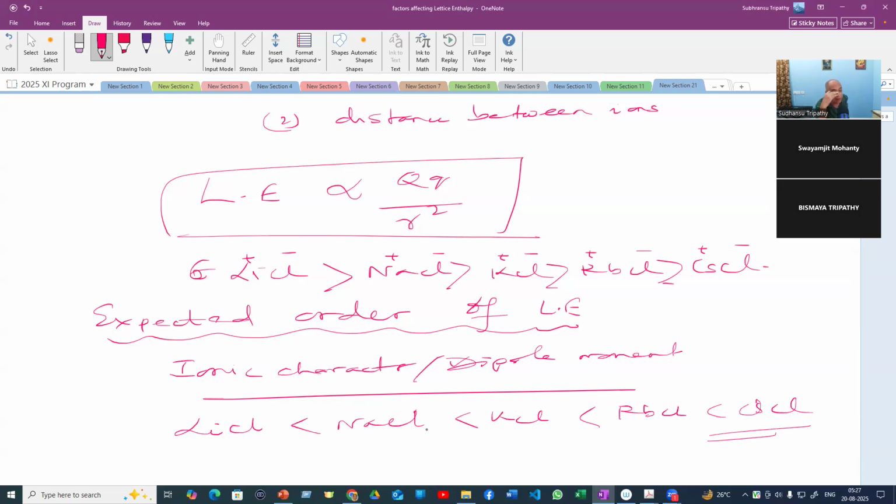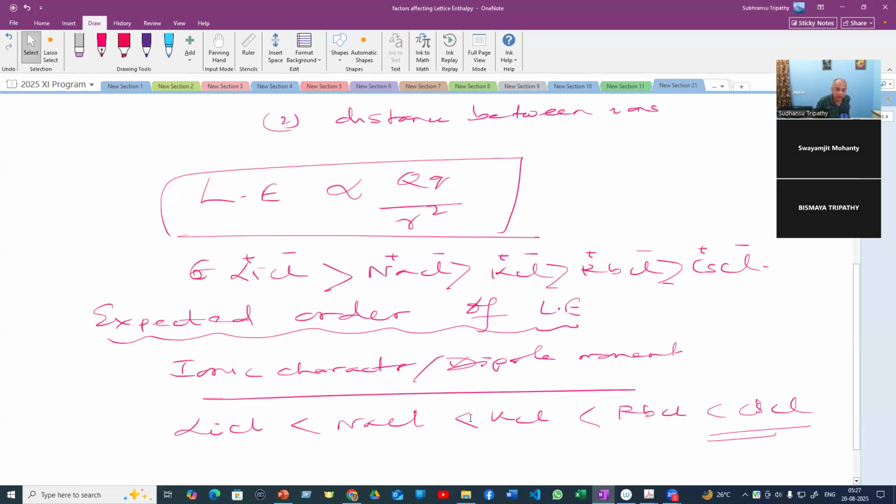And the dipole moment of the crystal is more and more. But physical properties like melting point and boiling point are not governed by the ionic character. They are governed by the lattice enthalpy, the net lattice enthalpy. How much energy will be required to break down the lattice from the solid state to the liquid state?